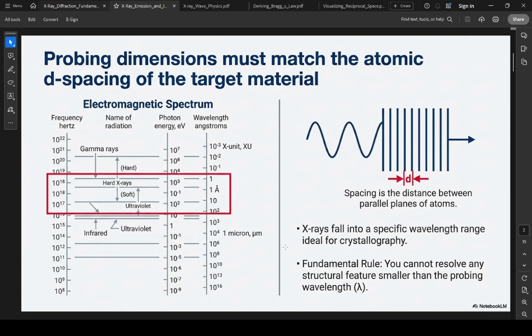So if you have a large wavelength like visible light or ultraviolet, you won't be able to use that to identify your crystal structures. For that, you need a wavelength in the range of angstroms or below, and X-rays fall perfectly in that range. That is why X-rays are used to see crystal structures.